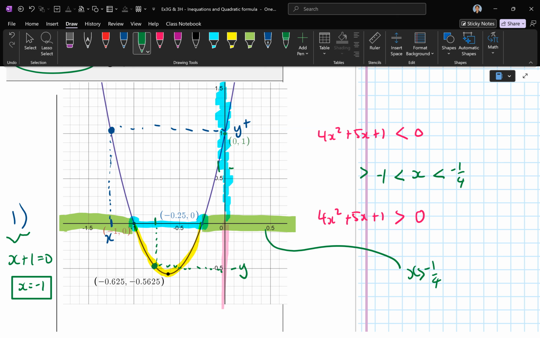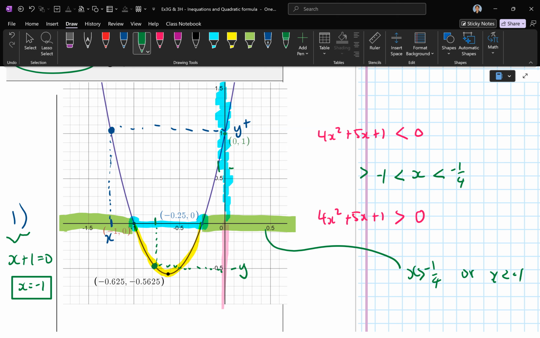So -1/4 is that cutting point, that's when it's equal to 0. If you chose any x values this direction, it will be greater than 0. Or if you chose any x values less than -1. Anything that's less than this, you can see that the y values on the graph will correspond to greater than 0. This is exercise 3G.